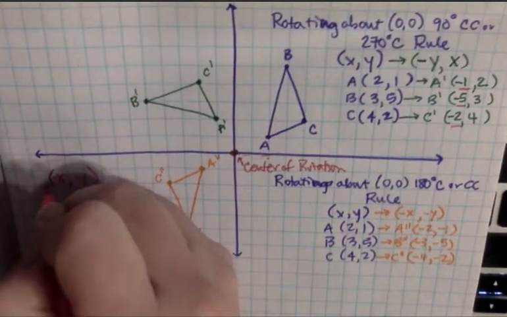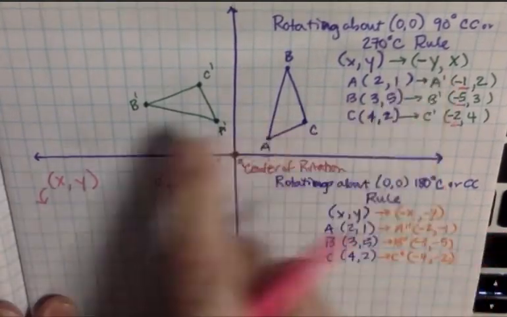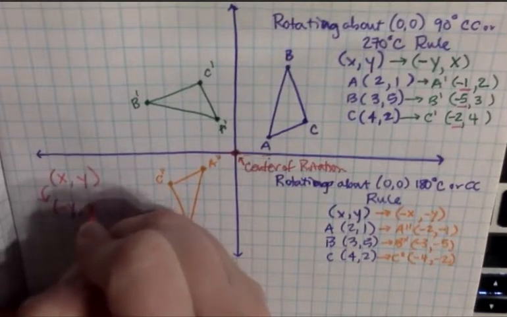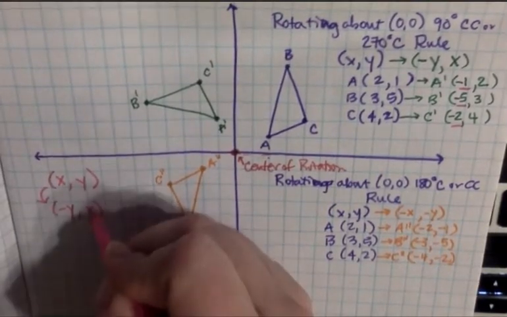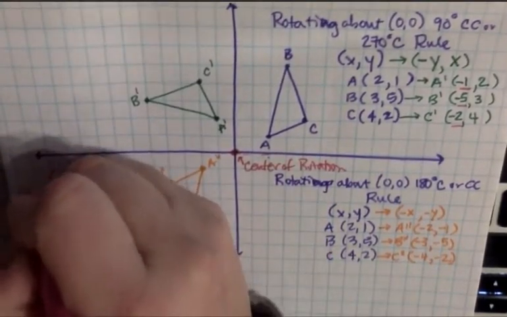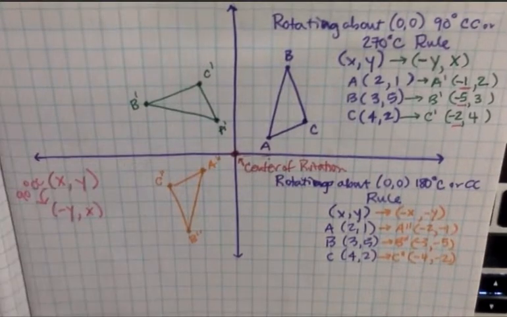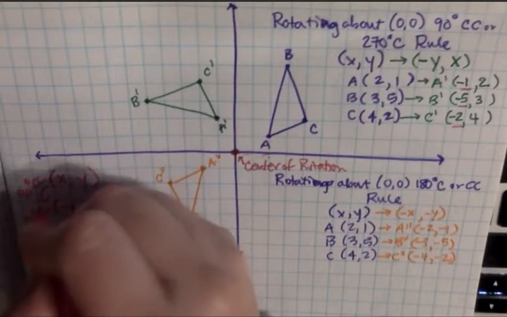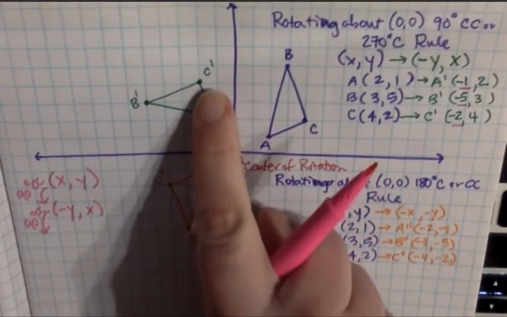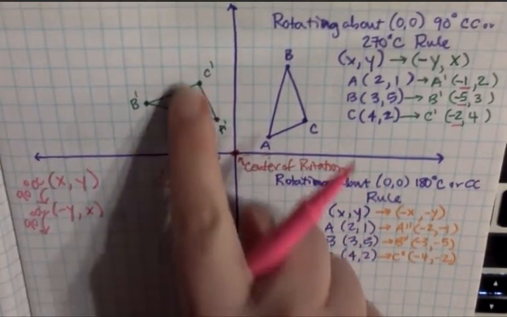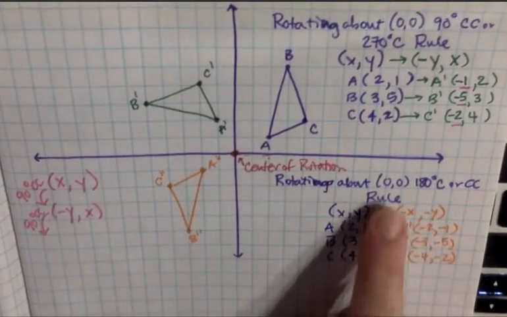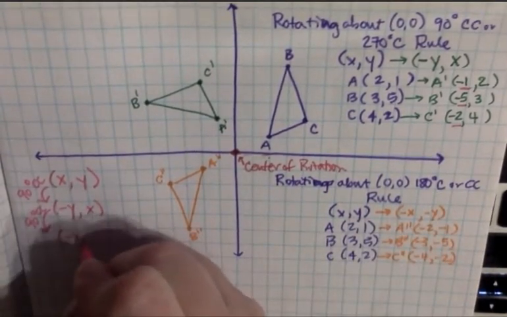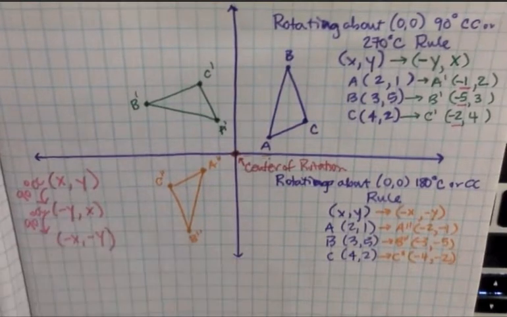It initially changed. If we rotated it 90 degrees counterclockwise, it became -y, x, correct? Now, if we rotated it another 90 degrees counterclockwise, which means I'm taking this shape and rotating it from here to here, I got this coordinate pair, -x, -y, as a general rule of thumb.